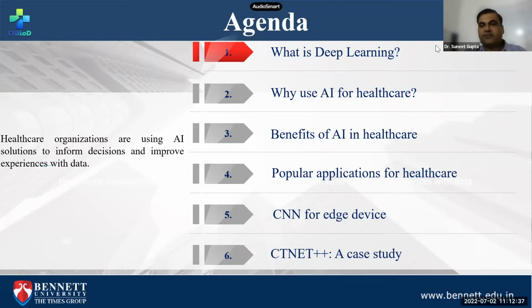What kind of advantages will we get if we include AI in healthcare, then different kinds of applications based on AI, and then we also talk about compression and acceleration of deep neural networks, which is equally important nowadays because most of the applications are running in real time.